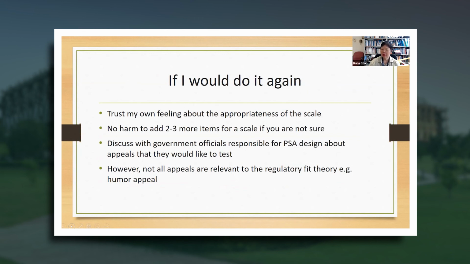Sometimes after a study, when the data come out, we will think, oh, if I had done this, it would be much better. I'm very glad that when I looked at the scale, I felt something was not all right.